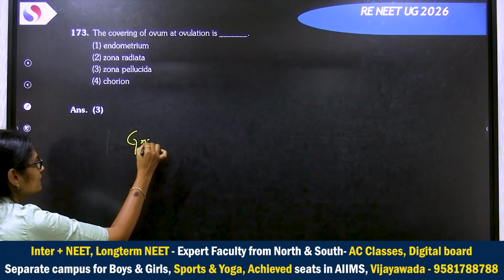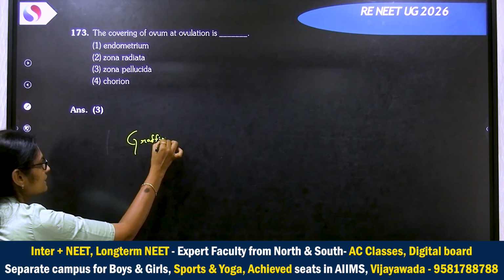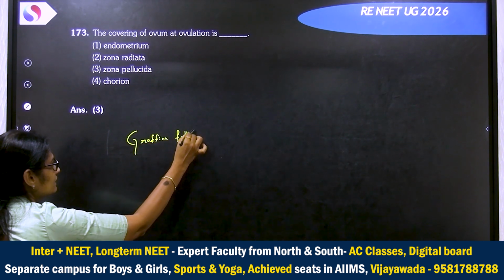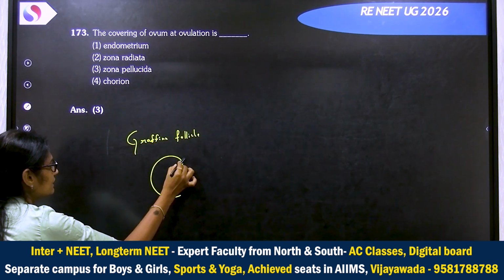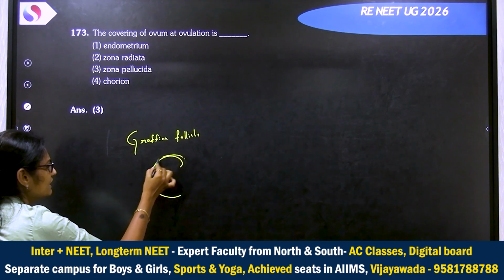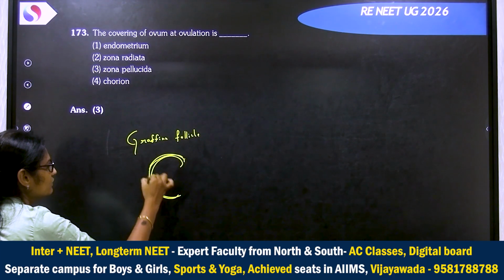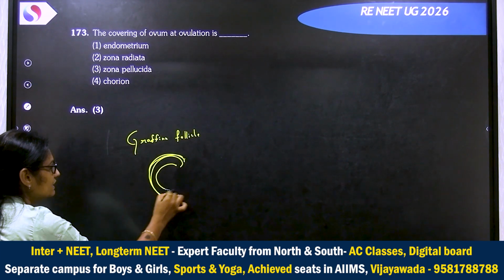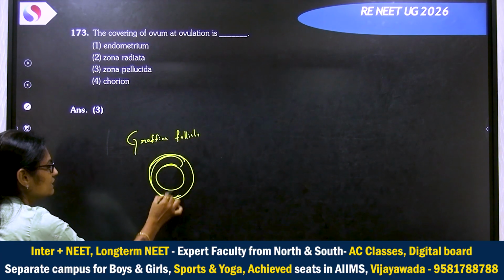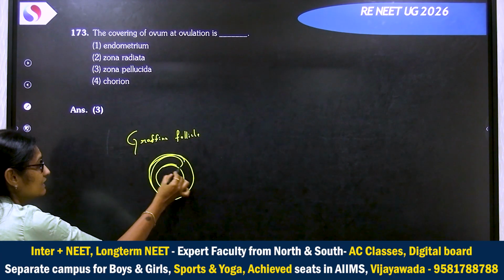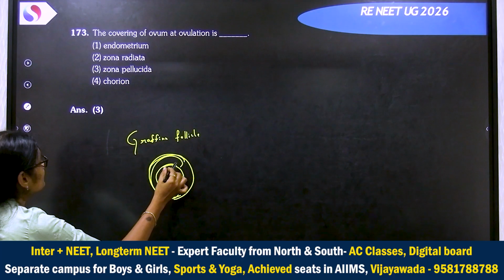A matured follicle is called a Graafian follicle. It contains many layers of granulosa cells along with the theca layer, divided into theca externa and theca interna.